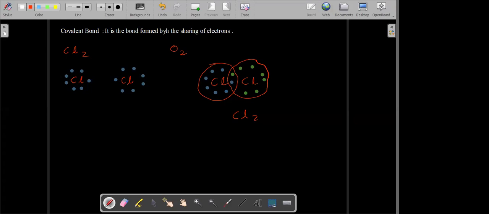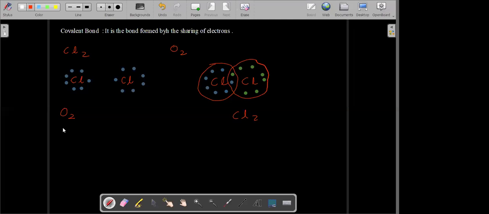Okay. Can you show me the formation of O2? Everyone try to show the formation of O2. Try to show. O has 6 electrons.